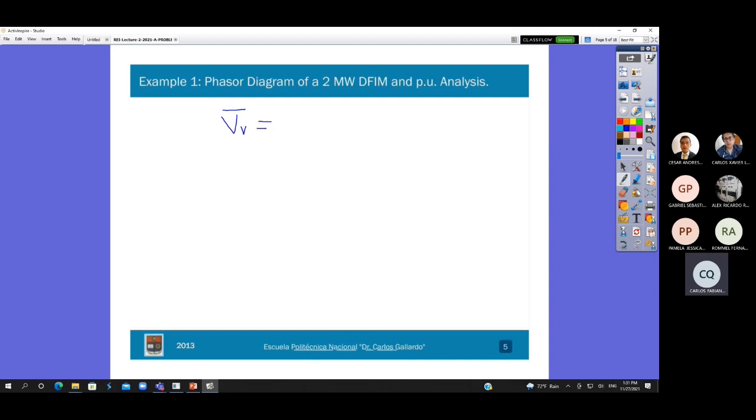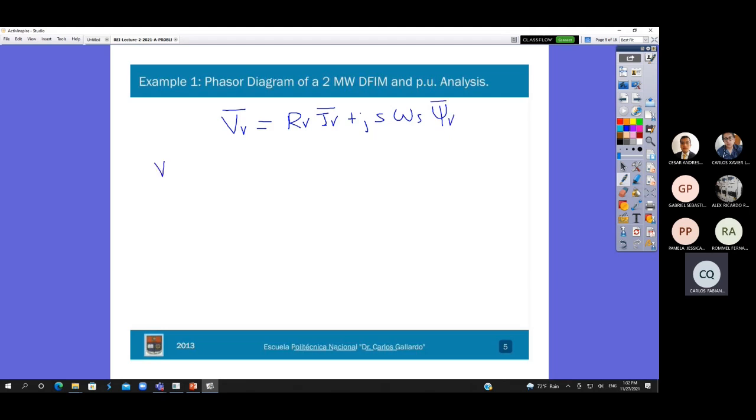We have already derived the equation: the rotor resistance times the rotor current, this is a phasor, plus j times the slip, times the angular frequency, and the rotor flux. That is the way to compute the rotor voltage.